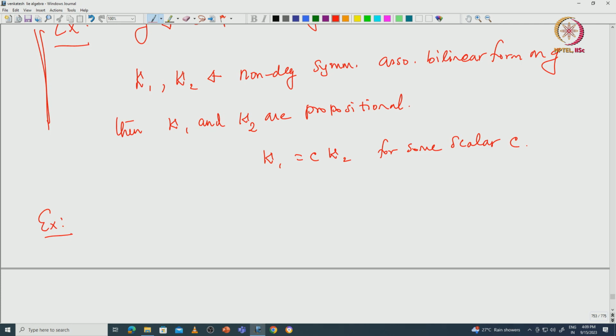You can prove that there exists a positive real number R such that the inner products on E and E dash are linked using this R. That means the inner product on E is just R multiple of the inner product on E dash.